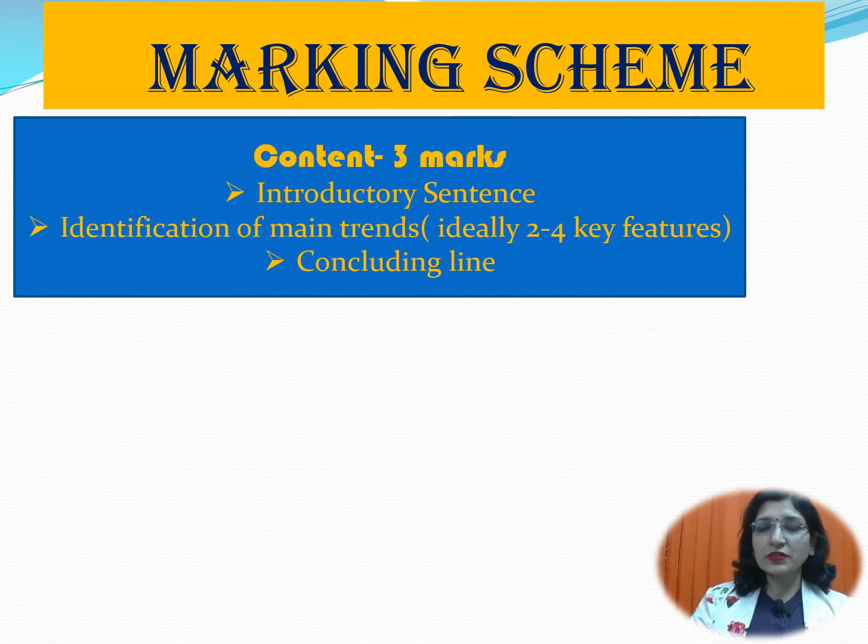And correct content you can definitely develop when you write a few introductory sentences. Then you need to identify the main trends according to the data given to you. Ideally 3 to 4 key features you need to highlight, and of course finally you have to write 2 to 3 sentences as a concluding line. So in this way you will maintain the correct content.